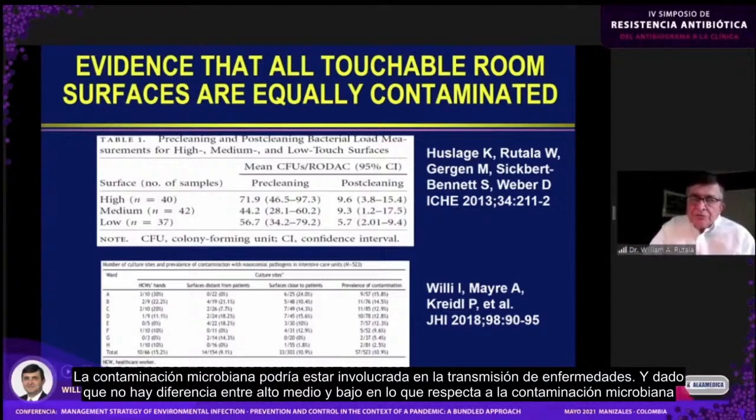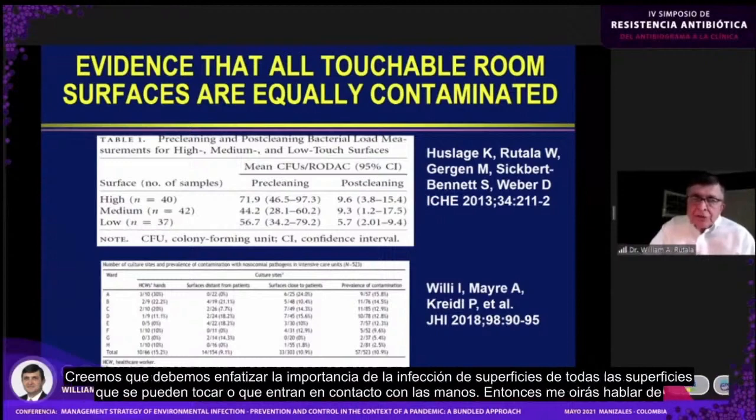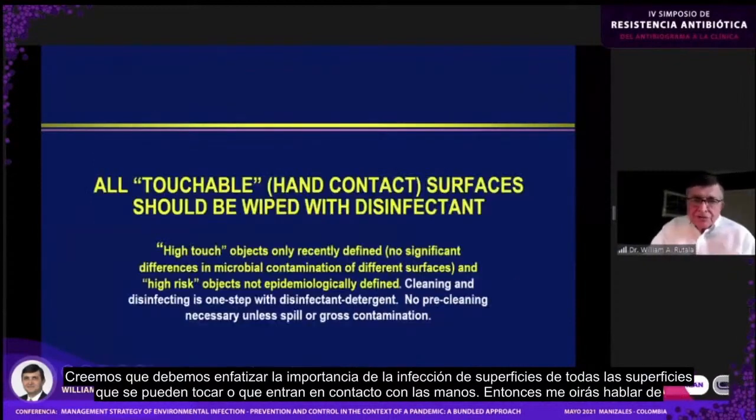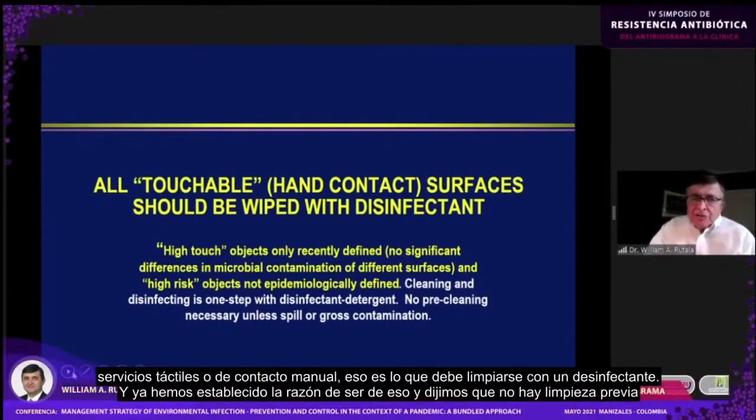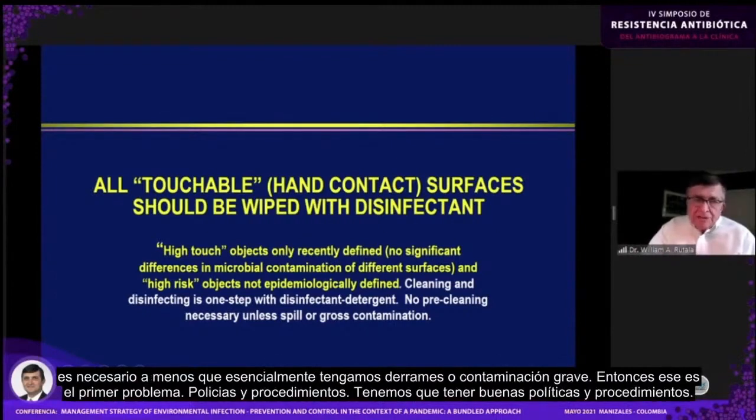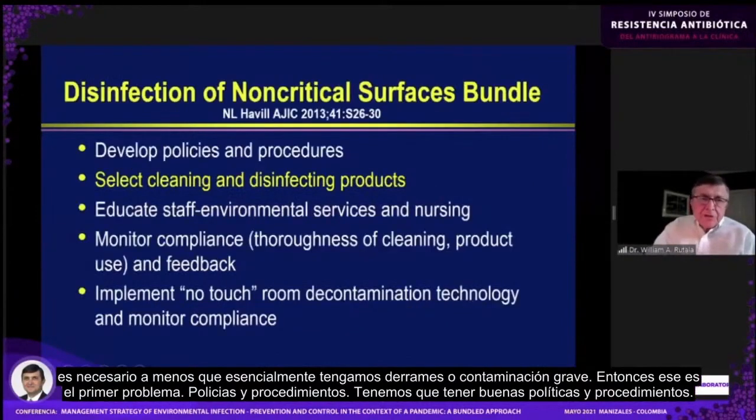And since there is no difference between high, medium, and low as it pertains to microbial contamination, we feel that we should emphasize the importance of surface disinfection of all touchable or hand contact surfaces. So you'll hear me talk about touchable or hand contact surfaces. That's what should be wiped with a disinfectant. And we've already established the rationale for that. And we said that no pre-cleaning is necessary unless we essentially have spills or gross contamination.